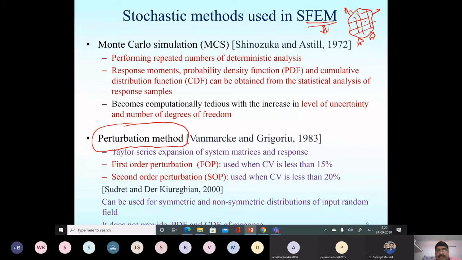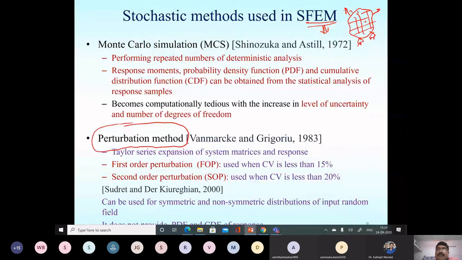In that aspect, it can give accurate results up to 50% CV. The only disadvantage is that your CV has to be low. If you want to use Taylor series expansion, the variability has to be within certain limits, since you are using perturbation techniques.